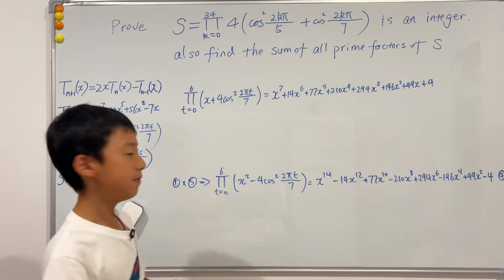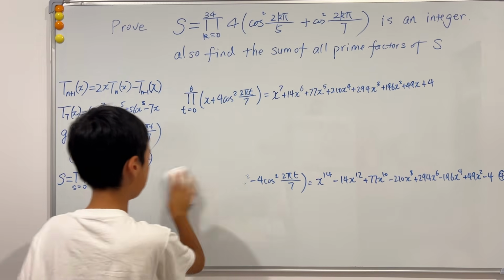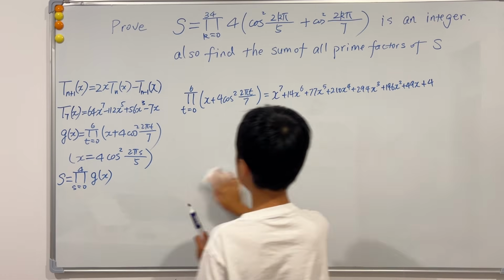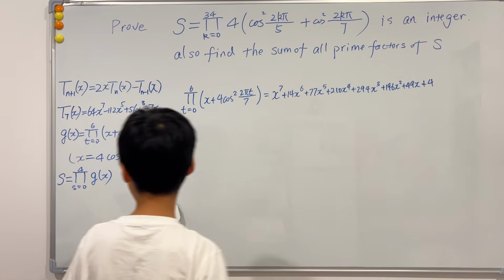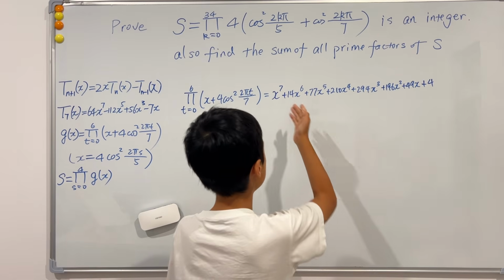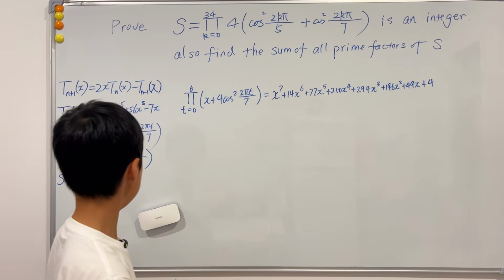Okay, but before we get to that, I'm first going to clean this up. So I'm going to rub this out. We can't just plug in g of x, which is this, into this big mess, right? We have to at least try and factorize it.